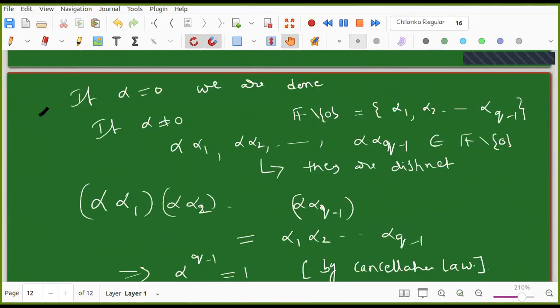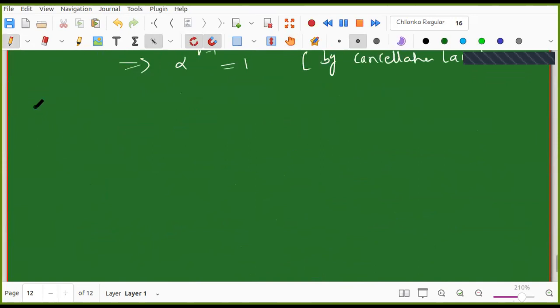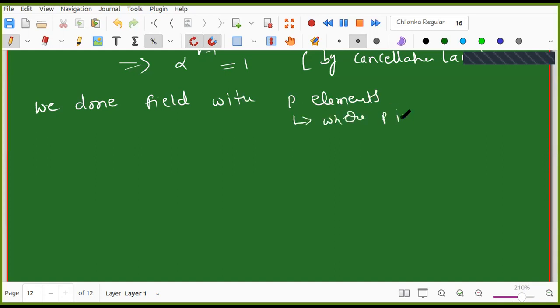Now I will give another one. From now onwards, we denote the field with p elements, where p is prime, as F_p.